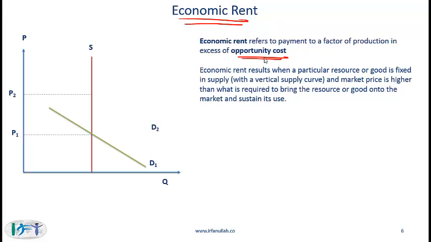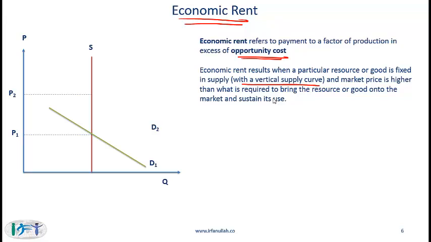In this case, if we are using a particular factor, what is the cost of the factor in its next best use? Economic rent results when a particular resource or good is fixed in supply, so roughly a vertical supply curve as shown over here, and the market price is higher than what is required to bring the resource or good onto the market and sustain its use.